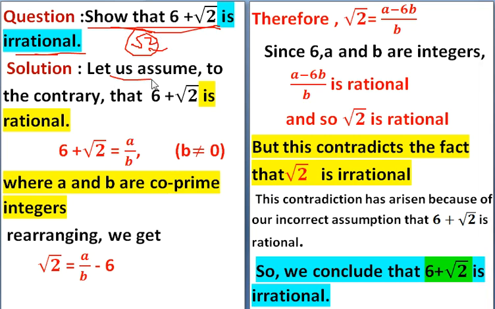First we assume that 6 plus root 2 is rational, which is contrary to the given statement, because in the given statement 6 plus root 2 is irrational.